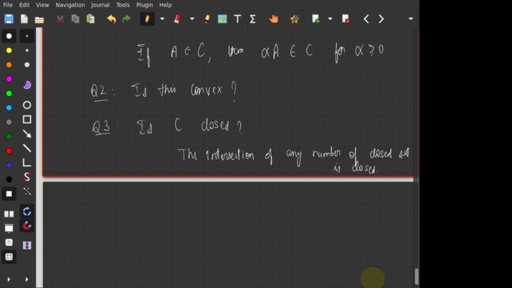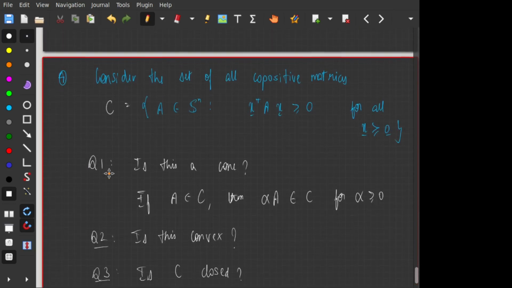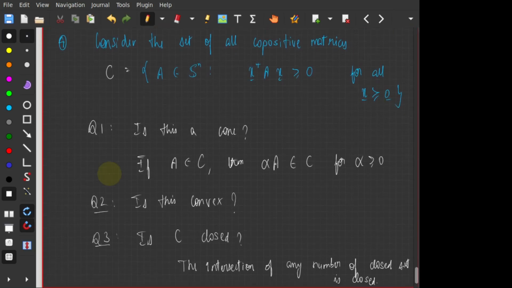Yes. And it's a convex set, so it's an intersection of half spaces. Exactly. So the intersection of how many half spaces?